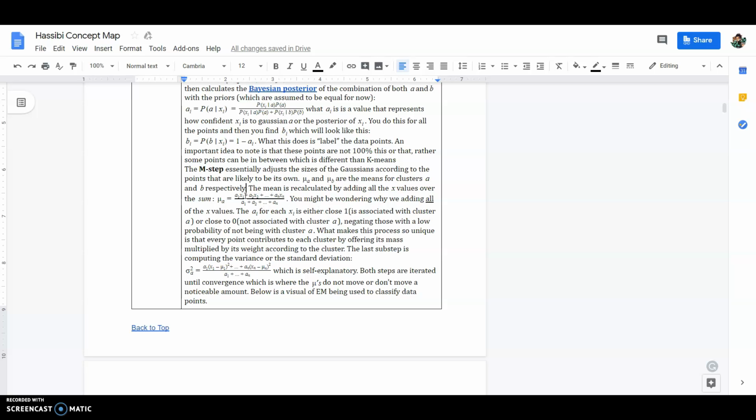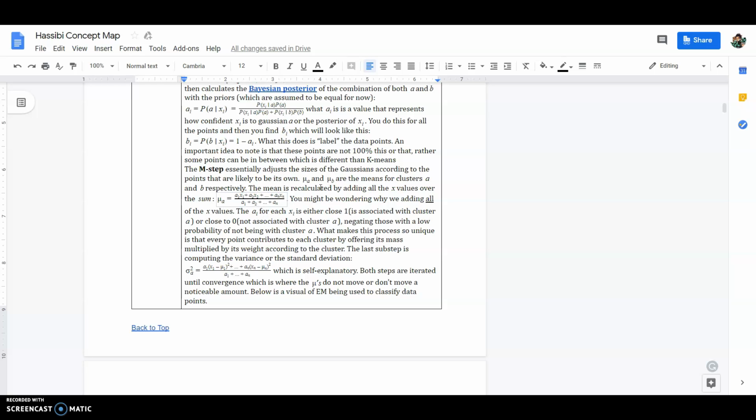And so that seems pretty pointless, because you're just multiplying 1 to the variable. However, we'll get over to this one, X of 2. Let's say X of 2 is probably not associated with cluster A, but there might be a little chance. So A of 2 could be very low, close to 0, probably like 0.1, 0.05-ish. And so that's essentially just saying 0 times X of 2. So here A of 2 would be close to 0, making very little to no contribution to this overall mean.